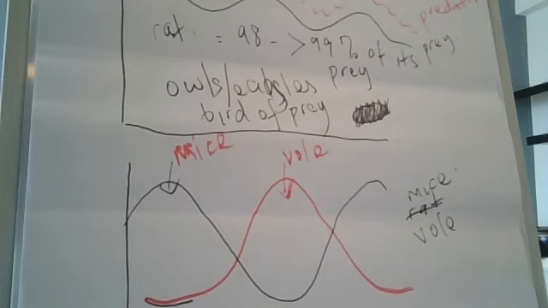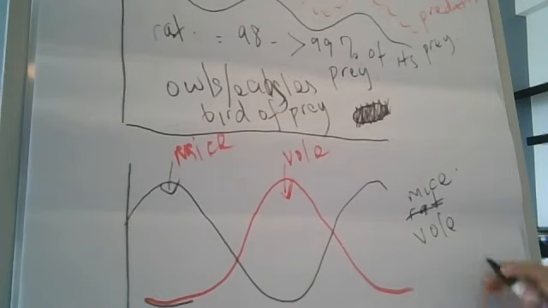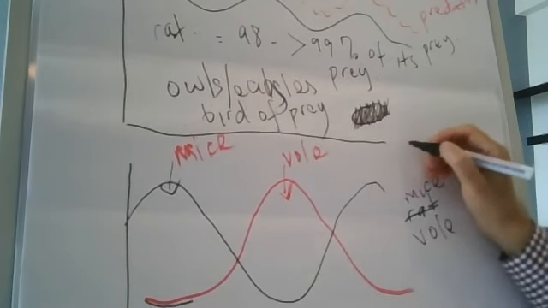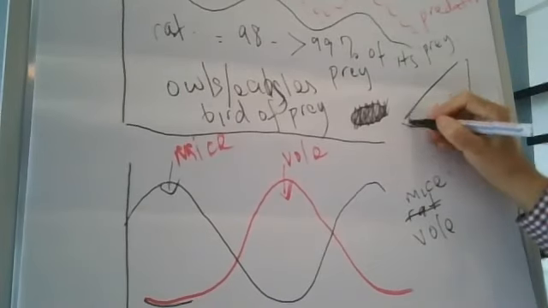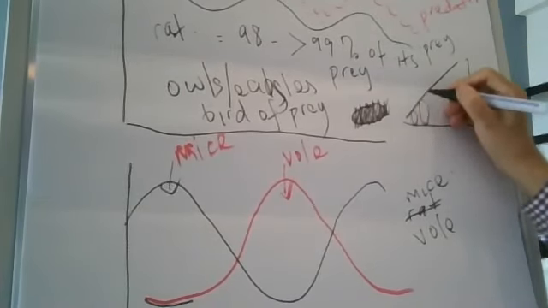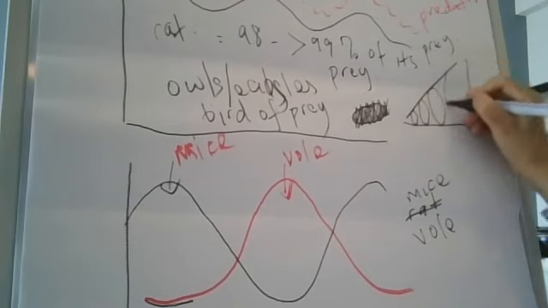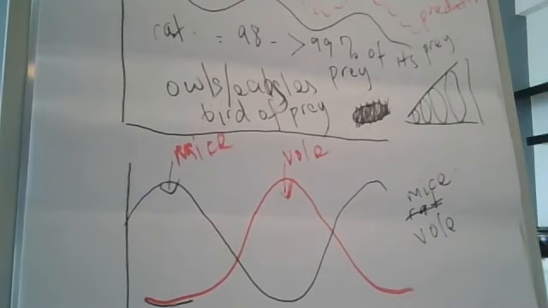Satu lagi fakta yang saya nak sebut dekat sini, anak burung pungguk ni dia tidak menetas serentak, bukan macam anak ayam. So you have a situation whereby anak burung ada yang kecil, besar sikit, dan yang paling besar.